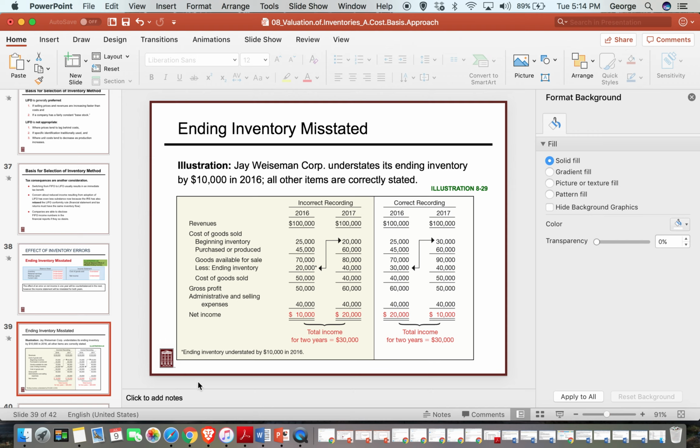If incorrect, it's lower. 10,000 should be 20,000. In 2016, the actual amount should be 20,000, and the correct amount should be 10,000 for income. So notice income of 30,000 here and 30,000 here is going to be the same over 2 years.